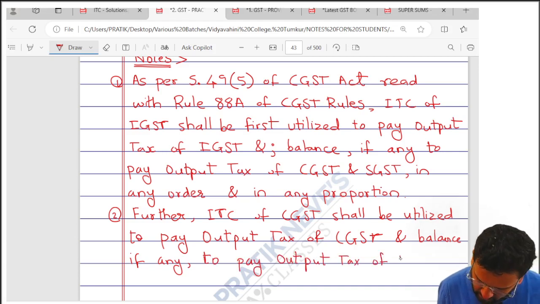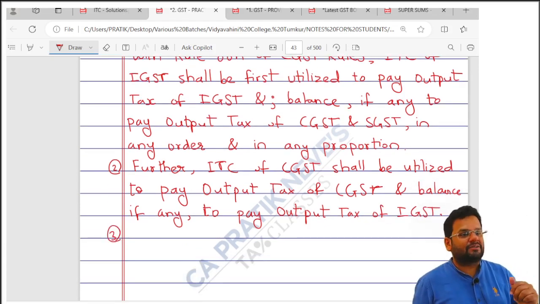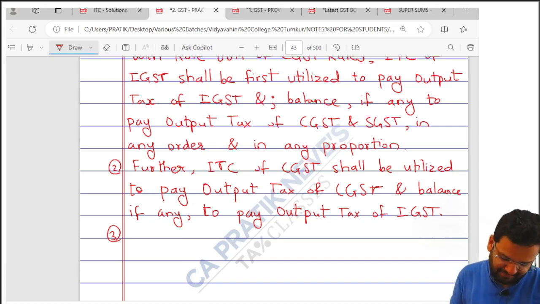Clear? And what will be the last note? SGST. Right. Last note will be for SGST.